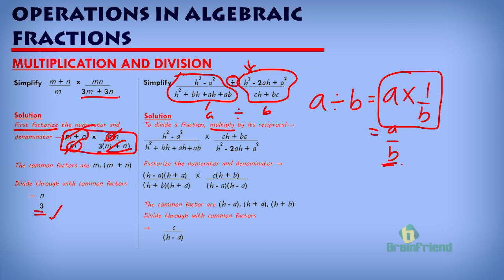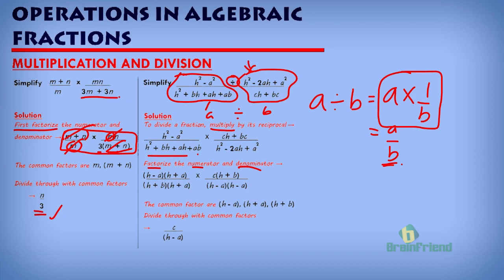We factorize our numerator and the denominator. H squared minus a squared factorizes to become h minus a, all in brackets, plus h plus a. Also, h squared plus bh plus ah plus ab is factorized to give us h plus b, all in brackets, h plus a. ch plus bc is factorized.